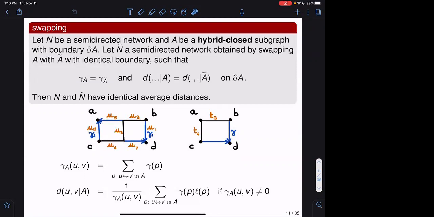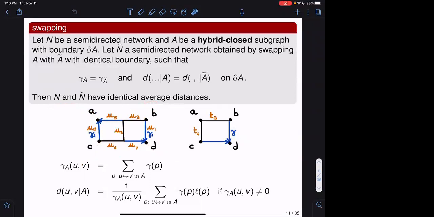And then we're going to call delta A the boundary of this subgraph. These are denoted here as big black dots to say these are the boundary nodes. The boundary would be any node in our subgraph that has links to outside of the subgraph within that bigger network. If I don't have big dots here, I mean that these nodes are not part of the boundary, so there are no other edges that connect these nodes to the bigger network.